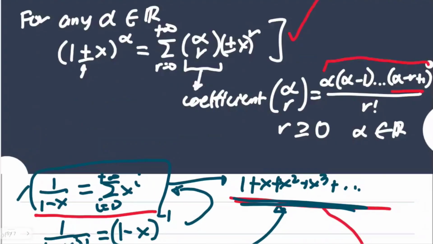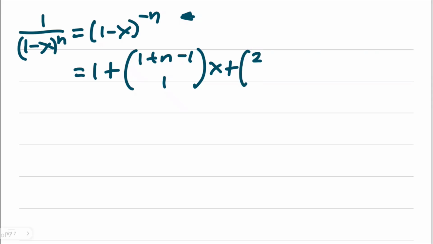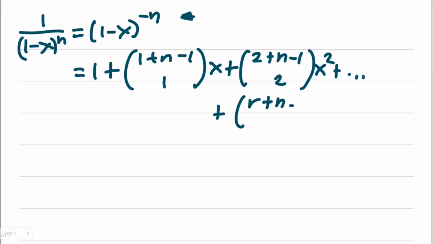We may be able to use a simpler form of the expansion, equal to 1 plus n minus 1 combination 1 x, plus you have here 2 plus n minus 1 combination 2 x squared, plus dot dot dot, plus you reach here r plus n minus 1 combination r x to the power of r.